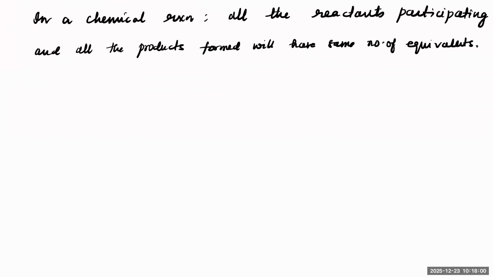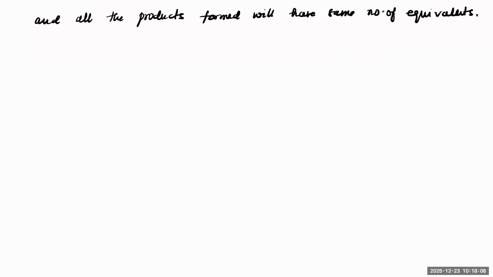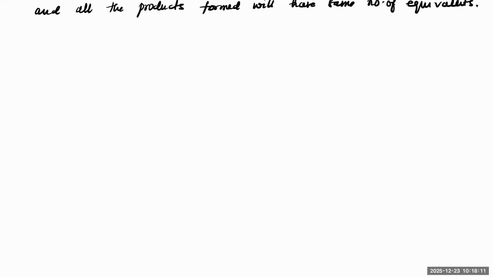So the number of equivalents will not be different. Their moles may be different, but the number of equivalents will not be different. Got it? This is what we call the law of chemical equivalence.